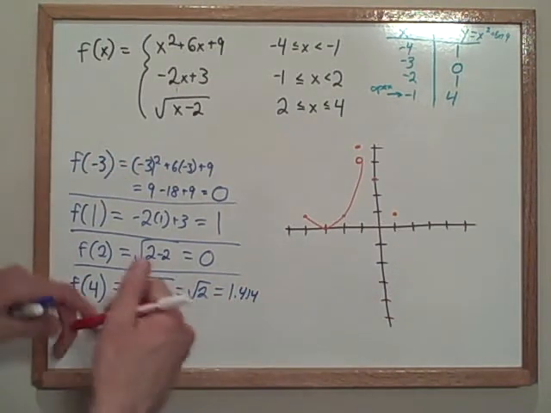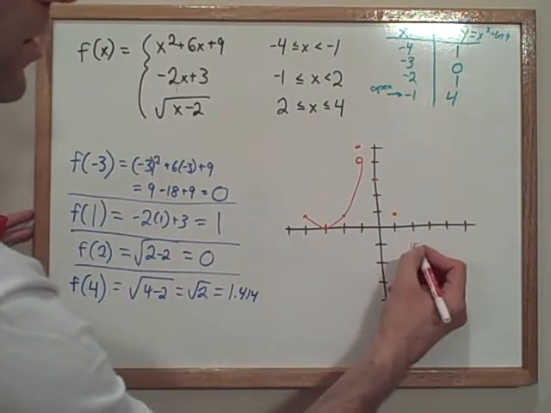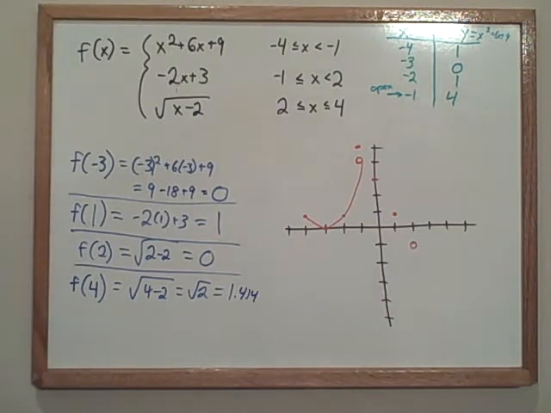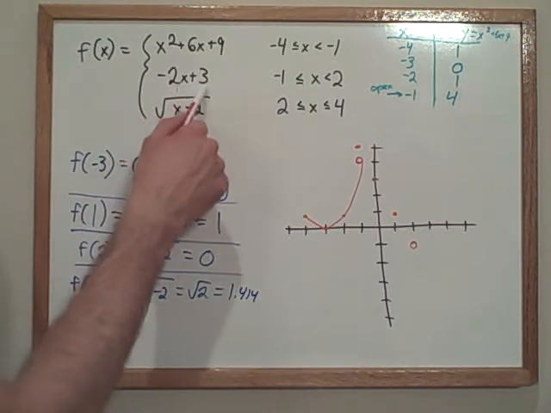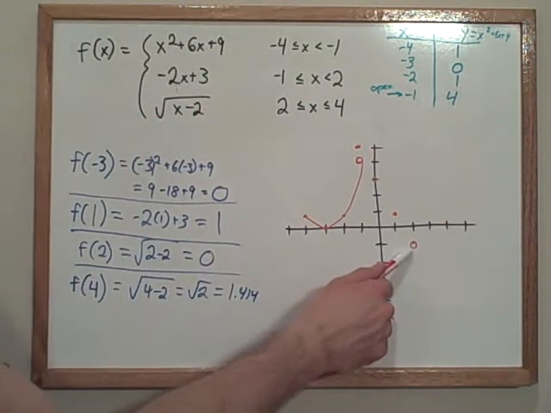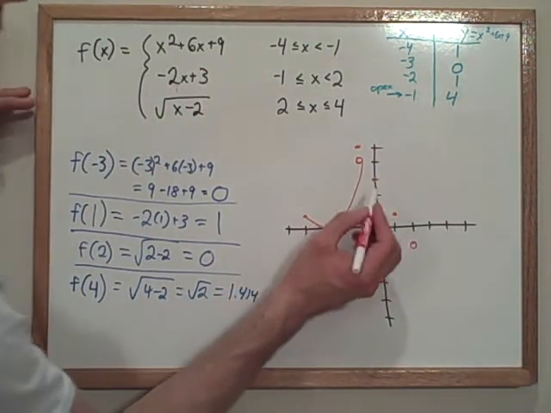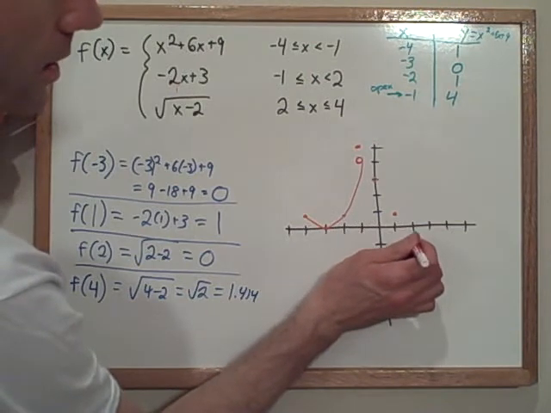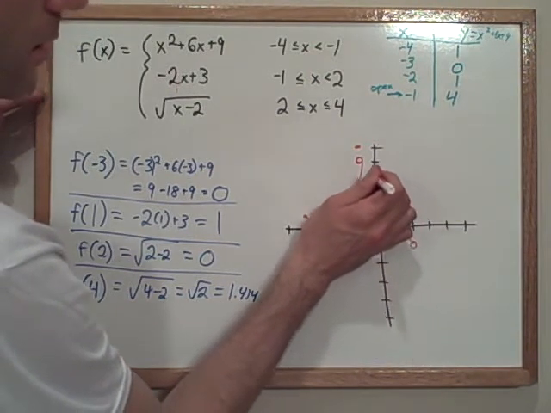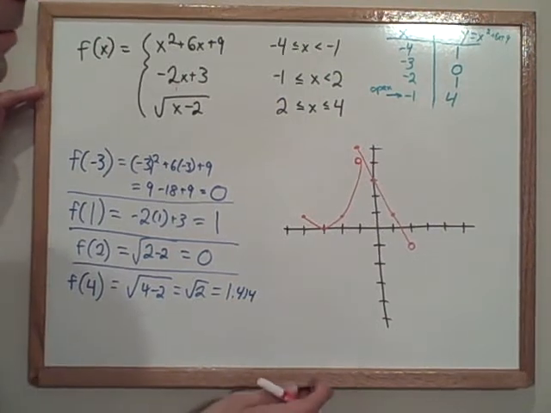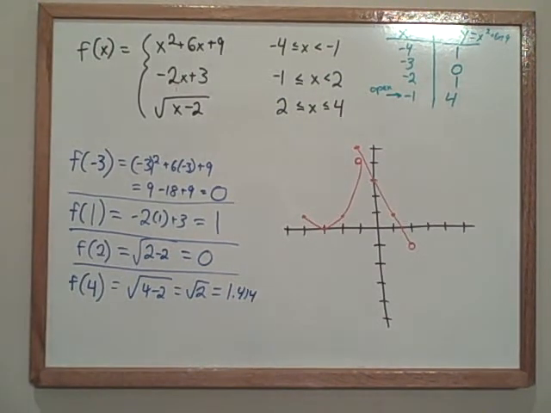Going to make this an open circle. And again, it goes back to what I said. When I plugged in a 2, I didn't plug it into this one. So that point better not be on my graph. It better be an open circle. So we're going to connect those hopefully with a straight line. I'm doing this freehanded. We'll see how that turns out. Not too bad. Okay.